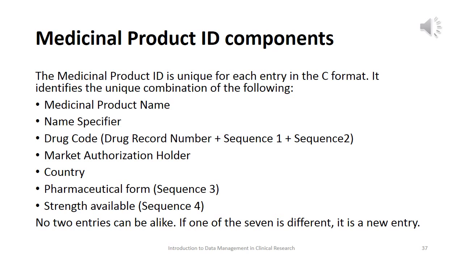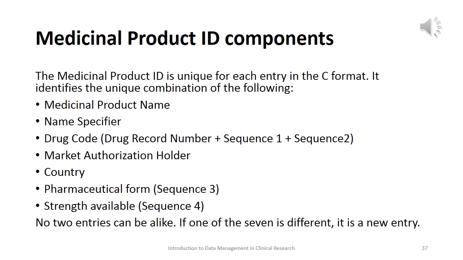So we're going to talk about the Medicinal Product ID components. The Medicinal Product ID is unique for each entry in the C format, and it identifies the unique combination of the following items. We're going to have the medicinal product name. Also, we'll have a name specifier. And then we'll have a drug code, which is going to be the drug record number plus sequence 1 plus sequence 2.